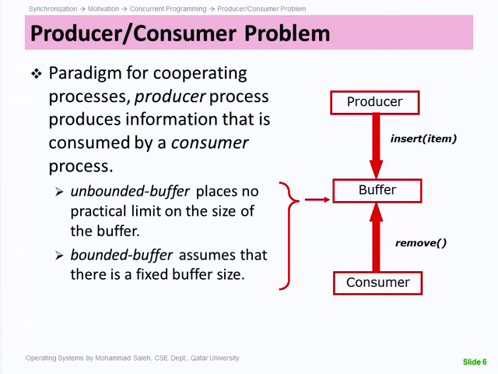Cannot consume. Now this buffer also comes with different types of implementations. It can be an infinite buffer, where the size is infinite, but there is no such thing as an infinite buffer. However, here the assumption is that the buffer is of very large size, so that regardless of the speed of the producer, it will not be filled up.